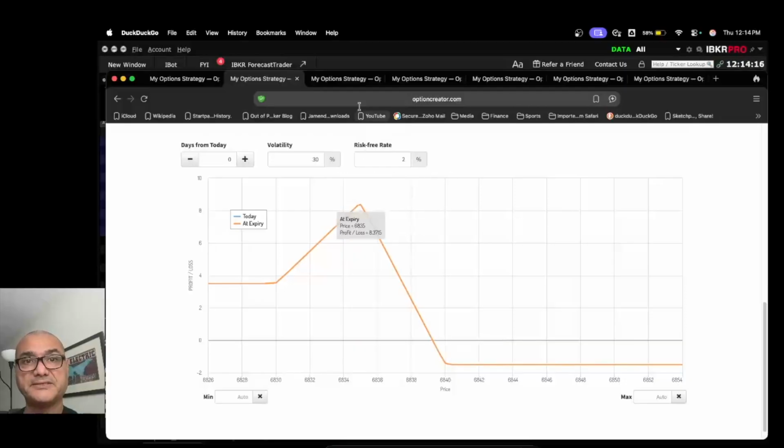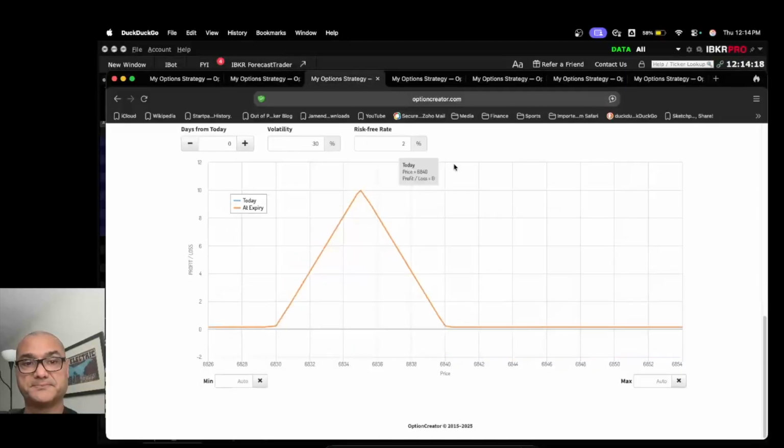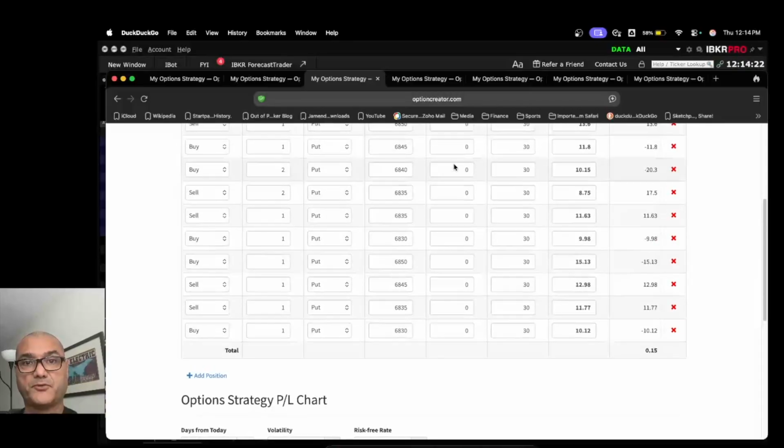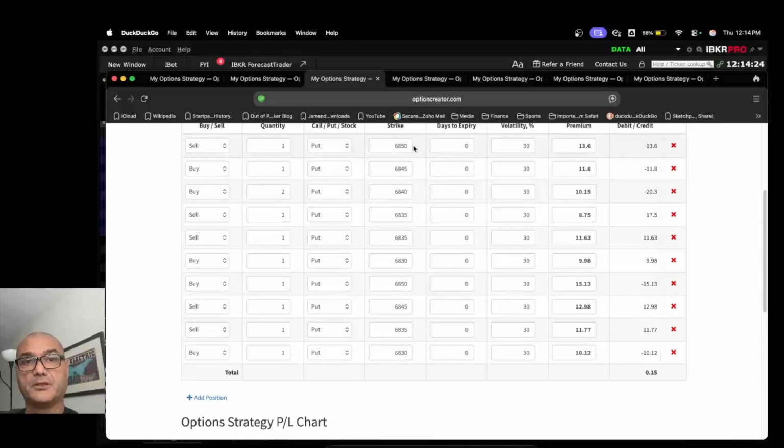And then the next thing I did was I created another butterfly. So if we follow along here, the initial components were selling the 50.45 vertical, purchasing two 40.35, butterflying off one of these longs, and then I closed the initial 50.45.